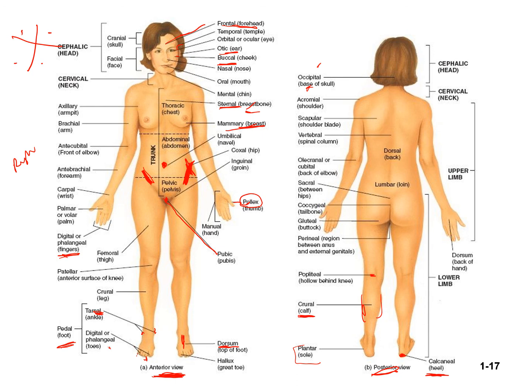Popliteal specifically means the back of the knee. So when you feel the back of the knee, you're feeling the popliteal region, right where the fold of the knee is, right in the back. Perineal region, perineal really is in between the anus and the external genitalia.